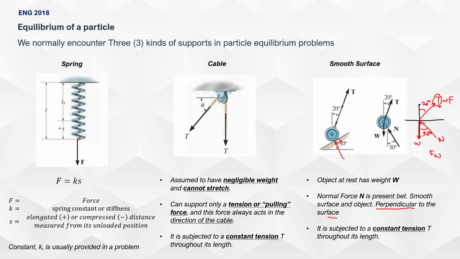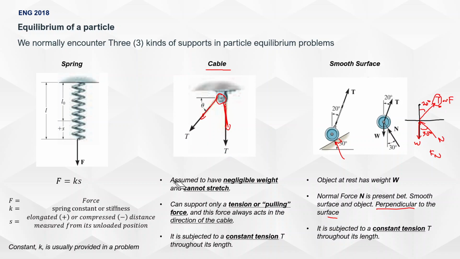Okay, now for the cable, so we have a pulley here, basically. Okay. And let's just label this T1 and T2. Actually, let me eliminate that again. There we go.